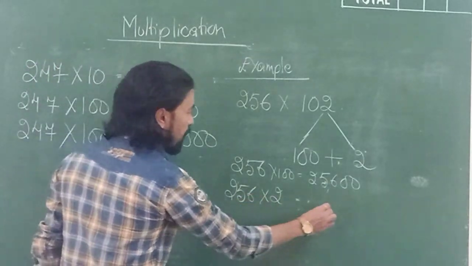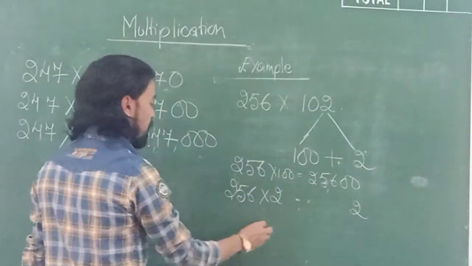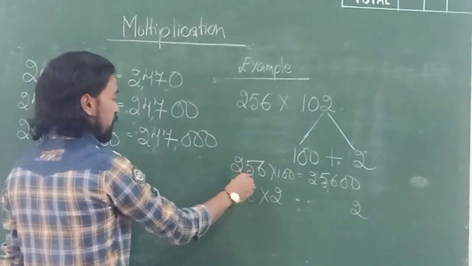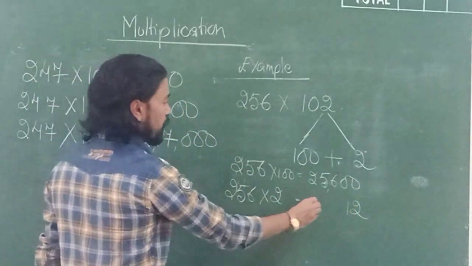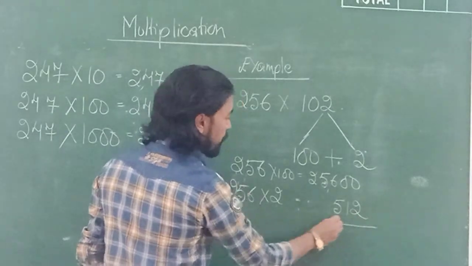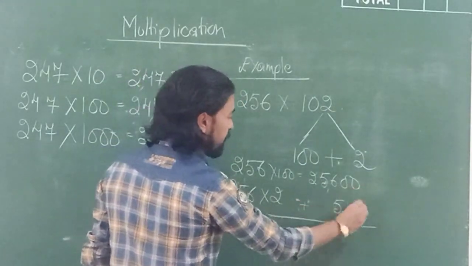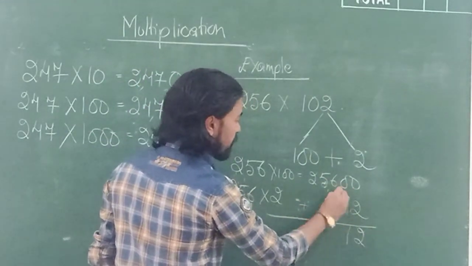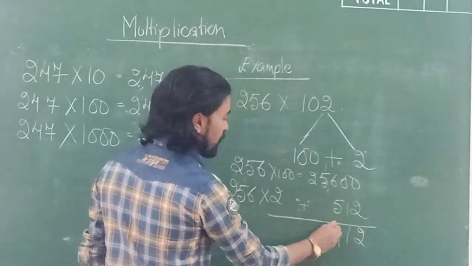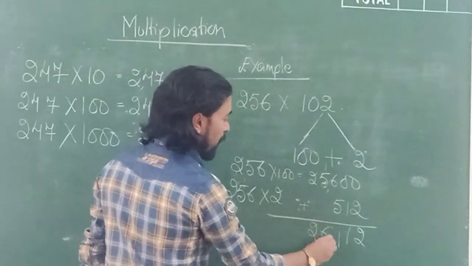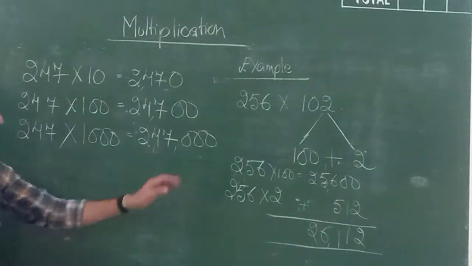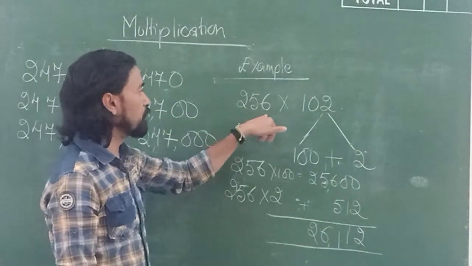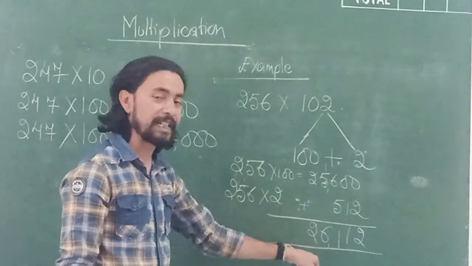So 2 sixes are 12. Start from the last base value. Carry 1. 2 fives are 10 and 1, 11. 2 twos are 4 and 1, 5. My work becomes simple. Now I add 2, 1, 6 and 5, 11, 5 and 1, 6, 2. So my answer is 26,112. Even if you take the calculator and multiply 256 by 102, you will still get this answer.